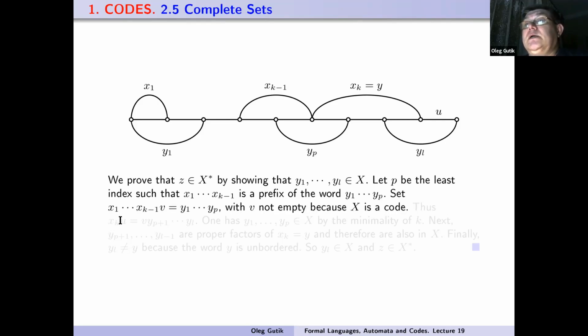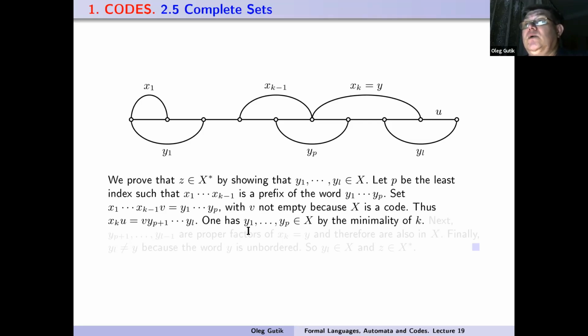Set x1 ... x(k-1) v equal to y1 ... yp, with v not empty, because as I said X is a code. Therefore we get that xk u is equal to v y(p+1) ... yl.